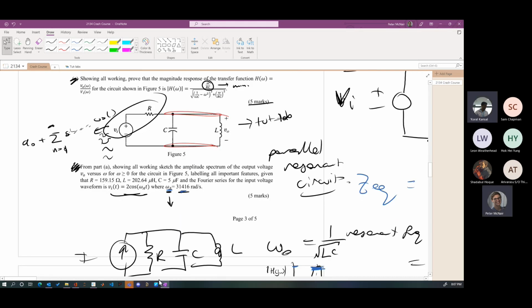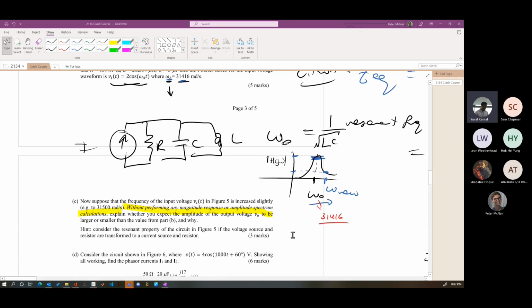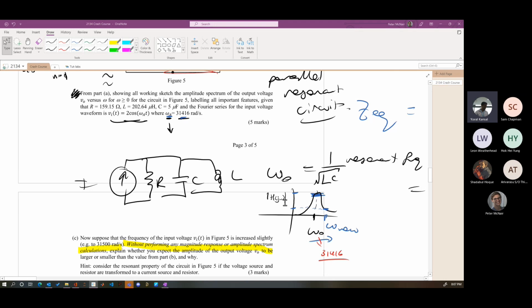After you convert it to a parallel RLC circuit, then the voltage across every element would be the same. It's just that at resonant frequency, the impedance would be the minimum, which is why V output would be maximum. Yeah, exactly right. So even if you increase omega, the impedance will increase as well, which is why the overall voltage will be less.